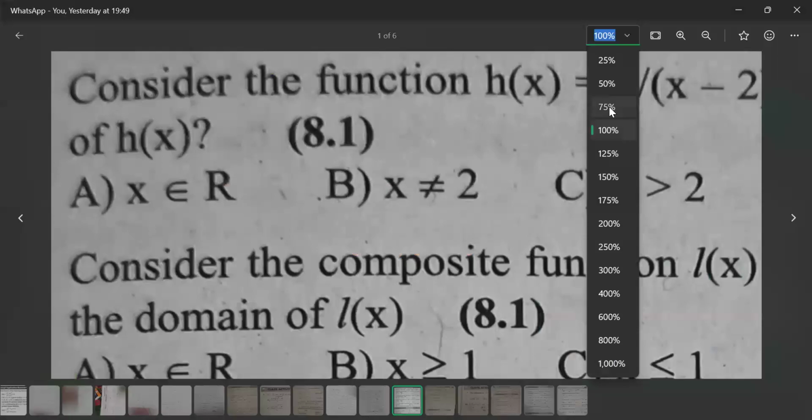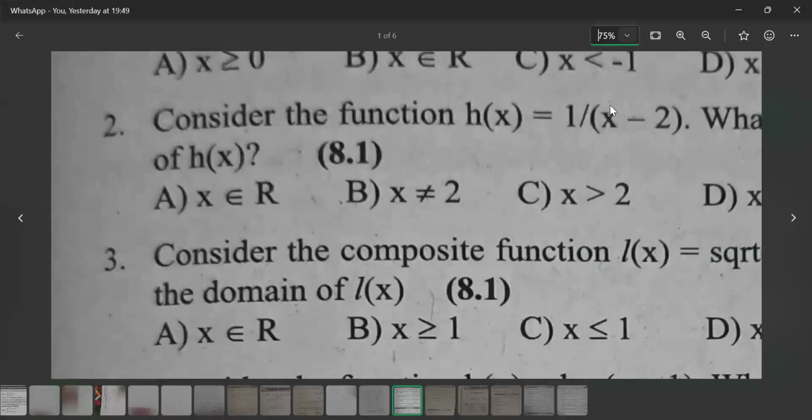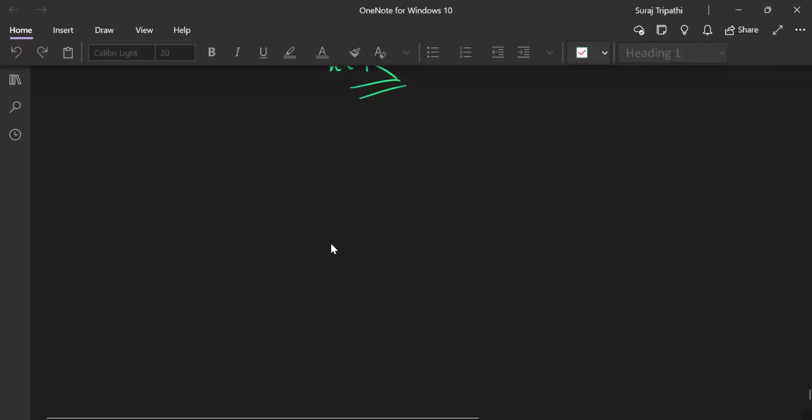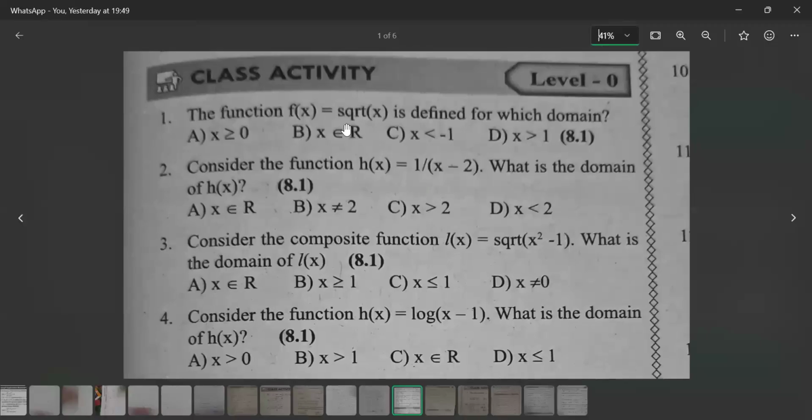Gonna solve sums, sir. Are we going to do more problems today? Yes, yes. We will solve the problems. So this photo is visible. Yes, sir.